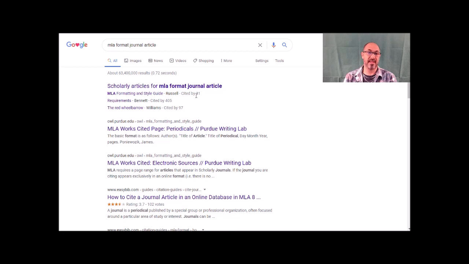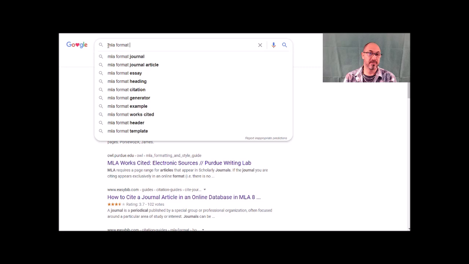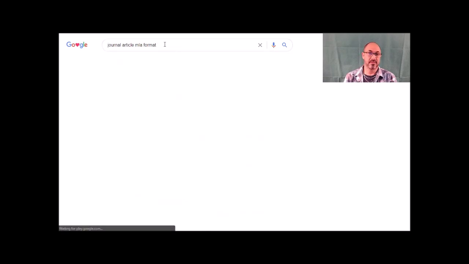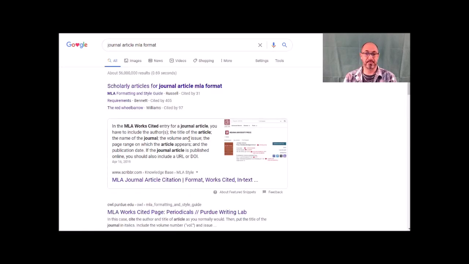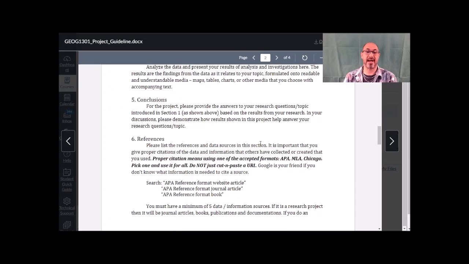So MLA format journal article, or maybe journal article. Right? There we go. If you do it the other way around, journal article, and then whatever format you want, it gives you an example right here. You can also go to Google Scholar, find somebody's article, scroll to the end to their references section, and just mimic their format. Don't reinvent the wheel. It's already all out there. Cool? All right, let's get back to this.